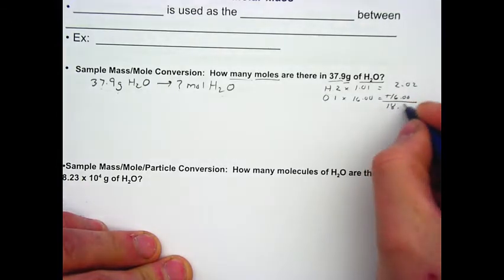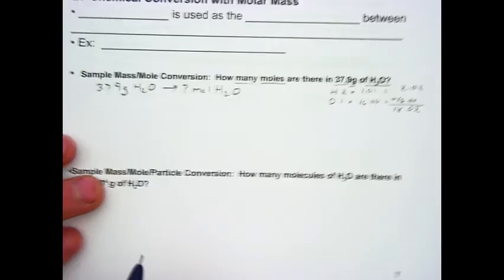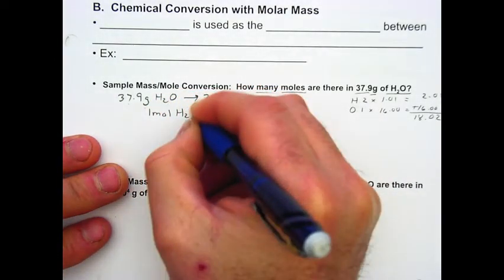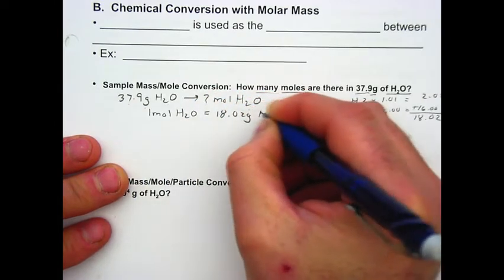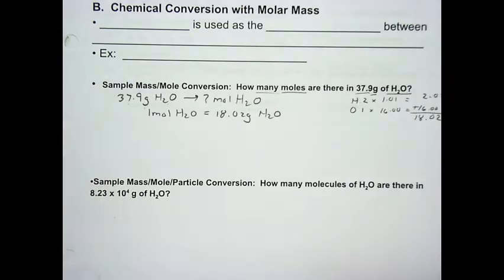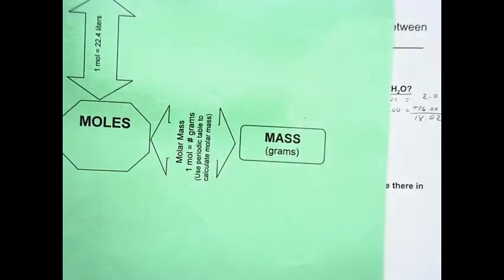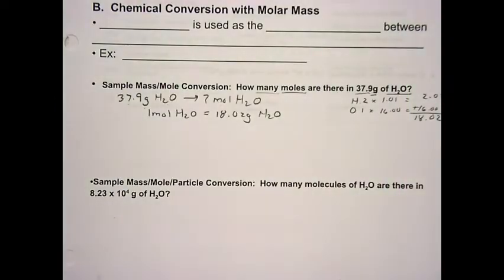We add it up and we get 18.02. So writing that out as an equality, we say that 1 mole of water is equal to 18.02 grams of water. Since we only have to cross one bridge in this conversion, we therefore only need one equality.